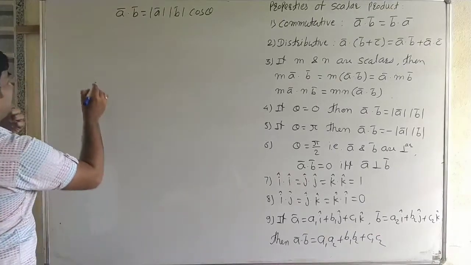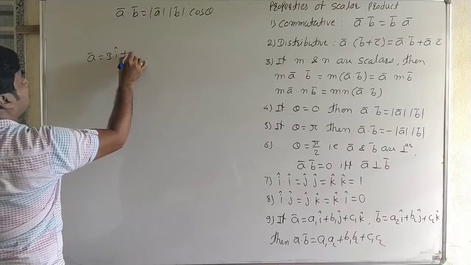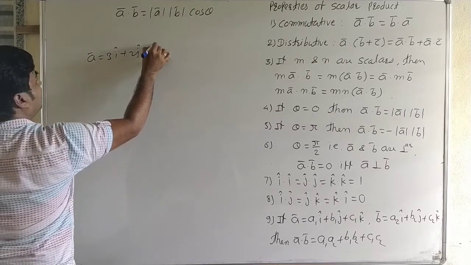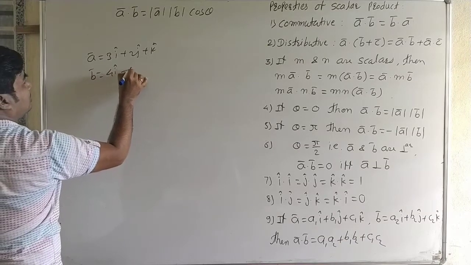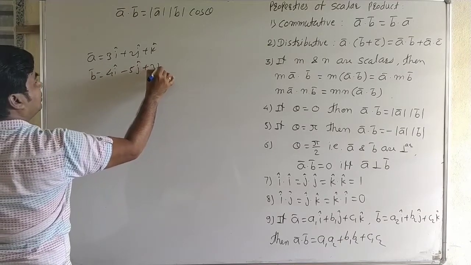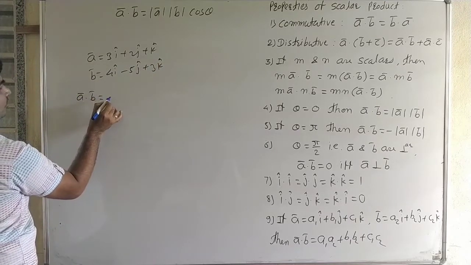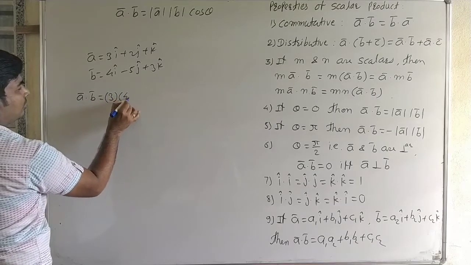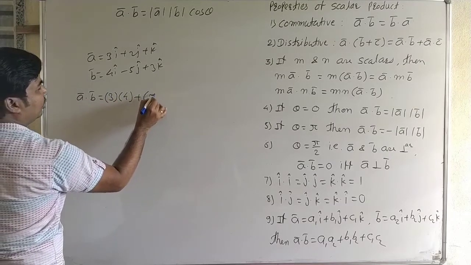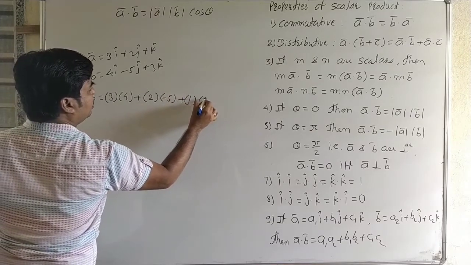Here if we have two vectors, a bar is equal to 3i cap plus 2j cap plus k cap, and b bar is 4i cap minus 5j cap plus 3k cap. Then the dot product a bar dot b bar is equal to, see carefully, 3 into 4 plus 2 into minus 5 plus 1 into 3.